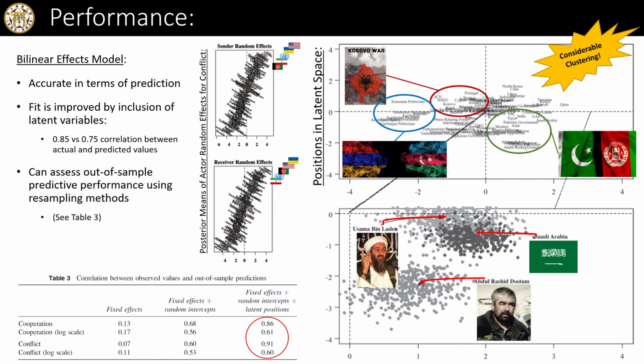What we see is that there's significant clustering based on these unmeasured, unobserved latent characteristics among these various actors.